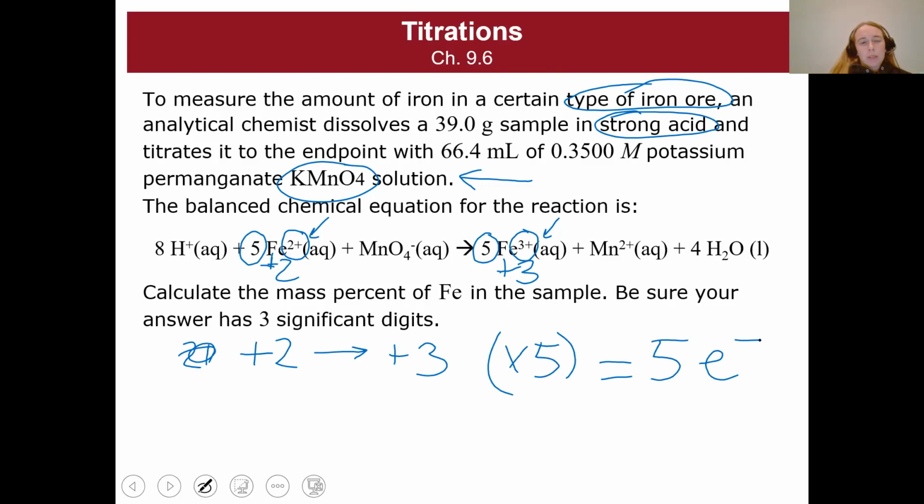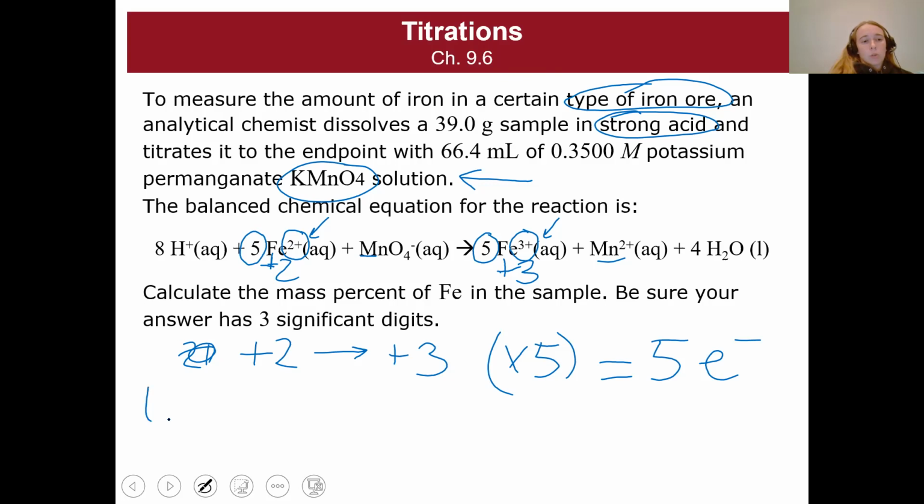And we can tell what's being oxidized and what's being reduced without figuring out what the other thing is even. I'll give you a hint, it's the manganese, but you don't even actually need that to know what's being oxidized and reduced. Iron is going from +2 to +3. So it is losing an electron. It's becoming more positive. It's losing an electron.